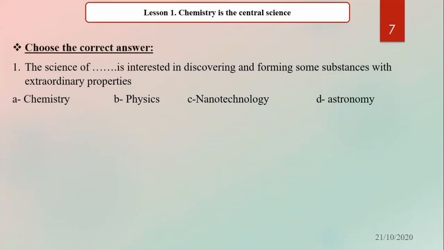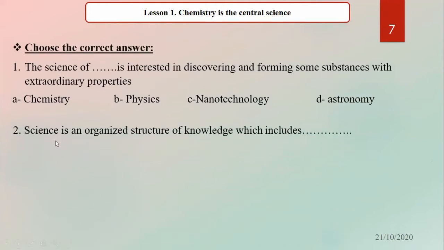Now, it's the time of our questions, okay? So pay attention. The first question, choose the correct answer. The science which is interested in discovering and forming some substances with extraordinary properties. Is it chemistry, physics, nanotechnology, or astronomy?